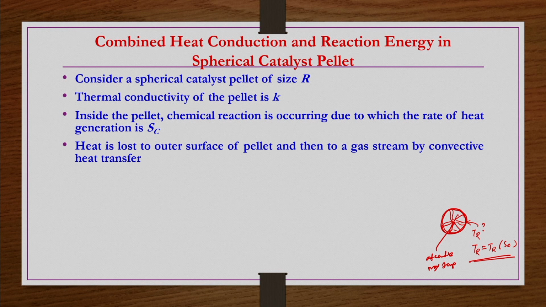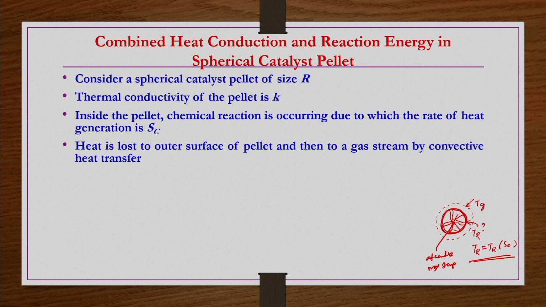So, whatever heat is there, at the center maximum, is being transferred towards the outer layers of the catalyst pellet, right. It reaches the surface of the catalyst, then it moves to the surrounding gaseous stream because of convective heat transfer. So, there is some amount of loss of temperature. That temperature of the gas stream is Tg, that is known.